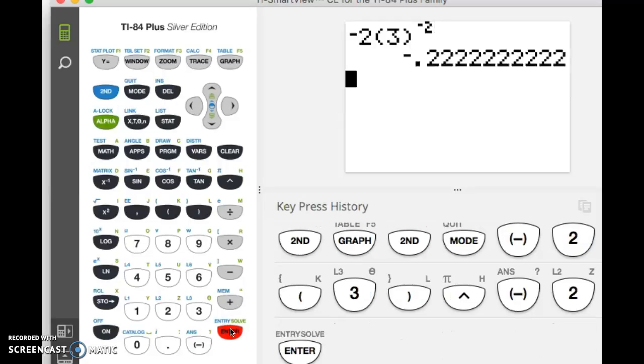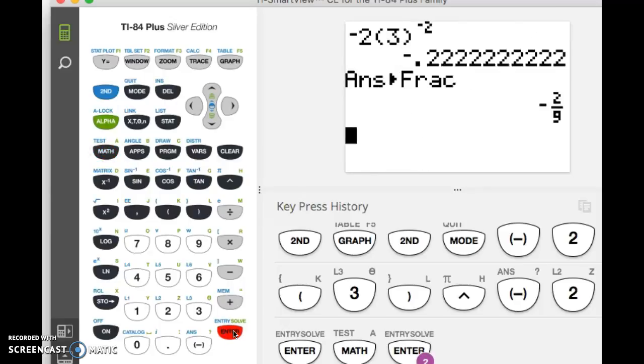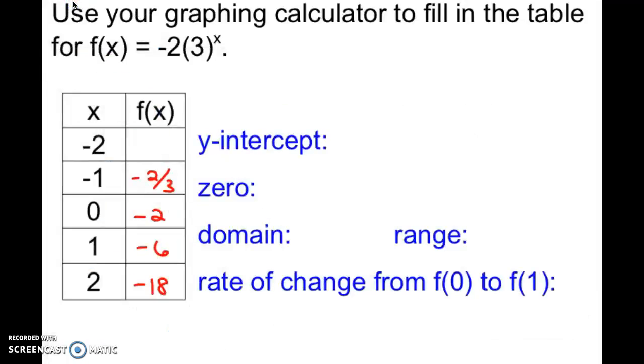And that should give me the same decimal that was on my table. It actually expands it out further though. And then if you remember, just hit math and fraction and enter, and it should convert that to a fraction. So -2/9. Okay, so -2/9. So let's put that in.